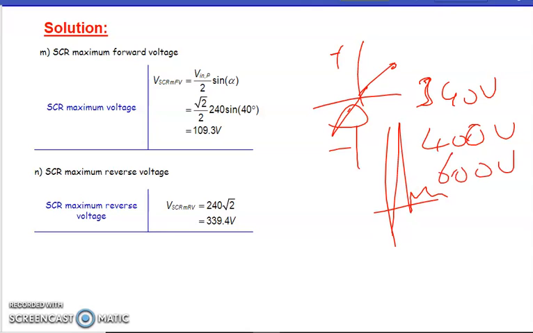If you use a 300 volt rating, you will damage your device during operation due to the spike. If you choose a higher rating, you are safer from voltage spike issues on the device. This is in terms of device selection characteristics.